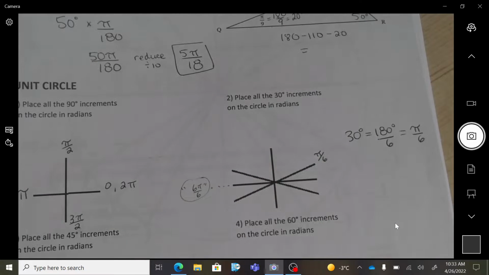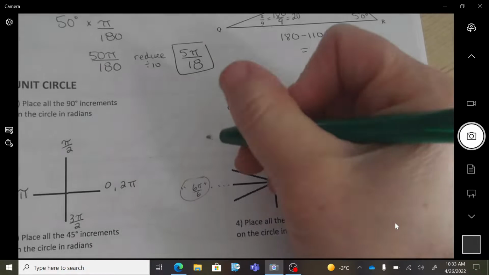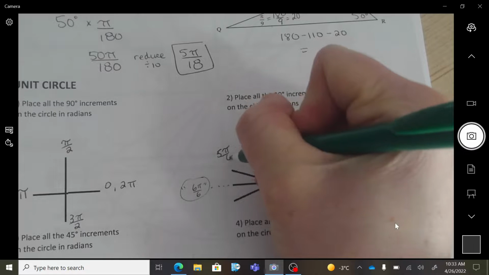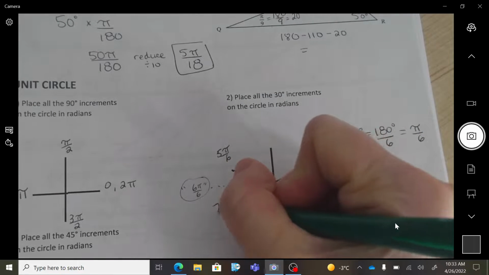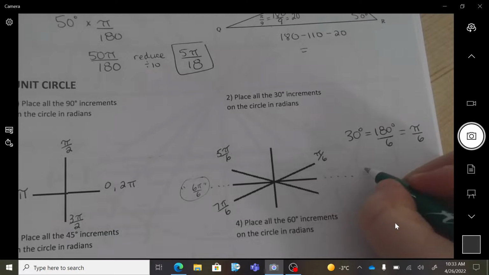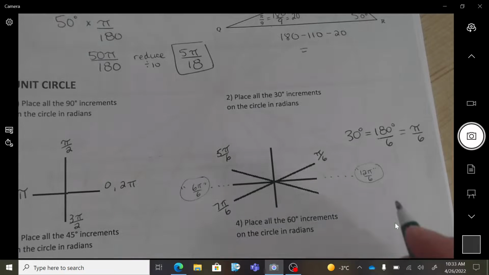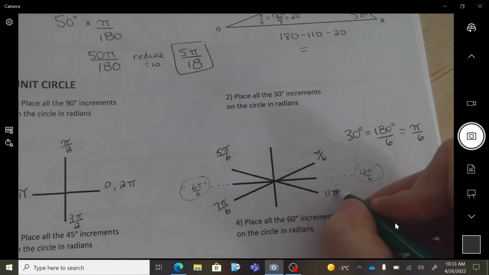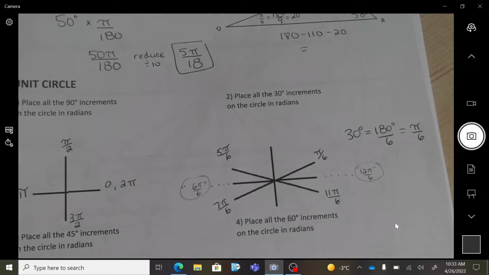We don't need it, but we need to think about that, because that's 1 full pi. So now this is 5 pi over 6 and 7 pi over 6. And in my head, a full circle would be 12 pi over 6, so I'm thinking about that when I make this 11 pi over 6.